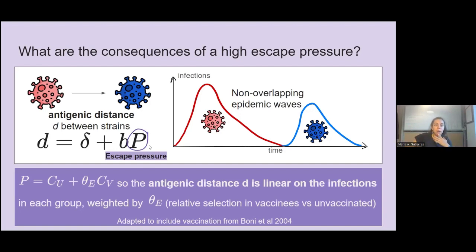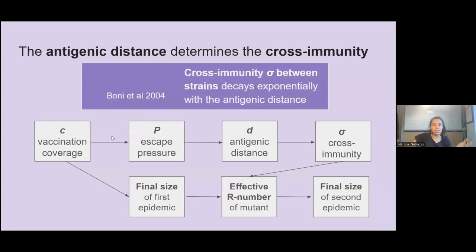And I'm using my original cumulative escape pressure formula here, including infections in the unvaccinated and the vaccinated, and theta e, which I said is quite important. It's embedded there. It might be easy to think of it as a linear combination of the infections in unvaccinated and vaccinated. And that's the antigenic distance.